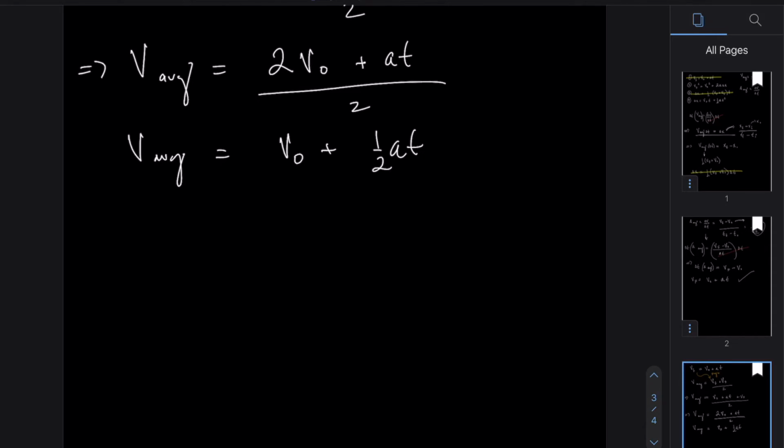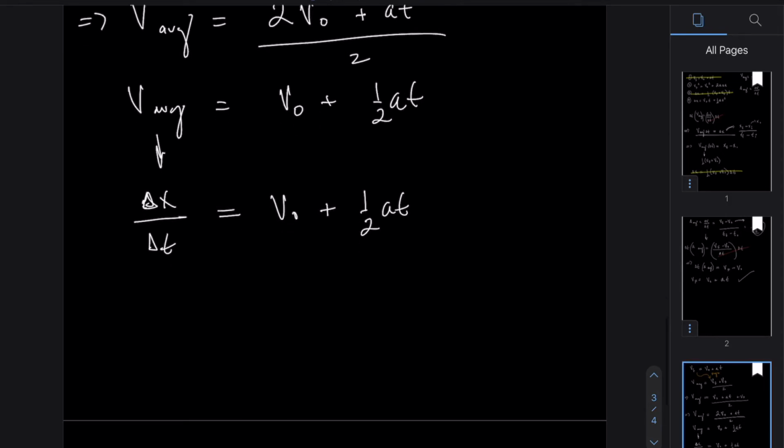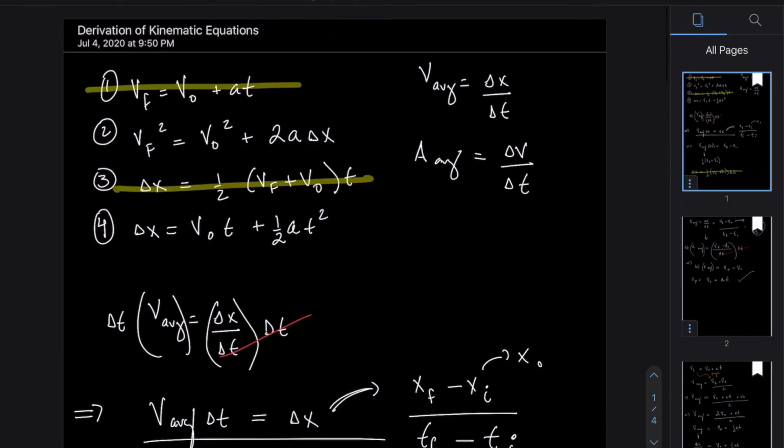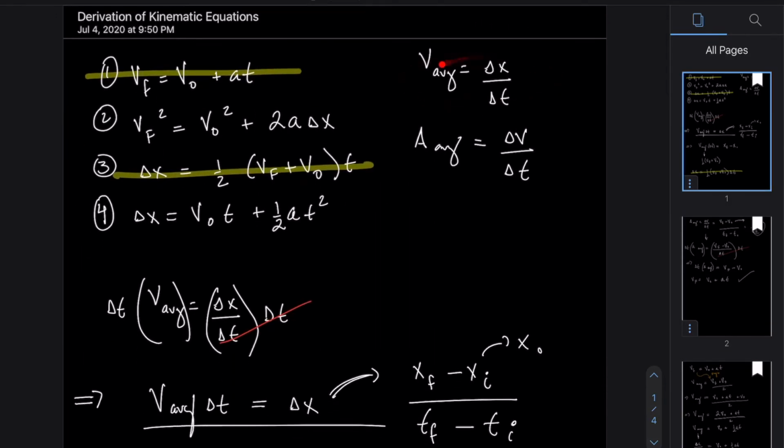And we know that average velocity is equal to the change in displacement divided by the change in time, right? It's the same equation. I'm just rewriting average velocity, going back to this expression that we already know, right?